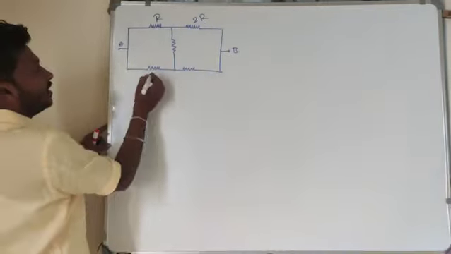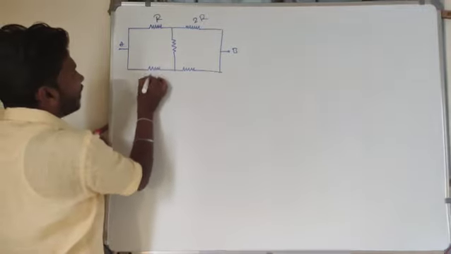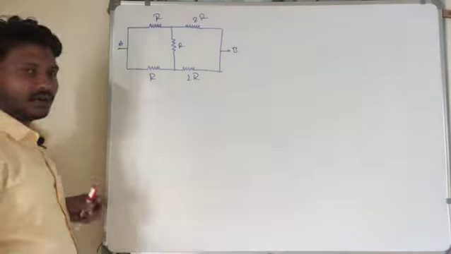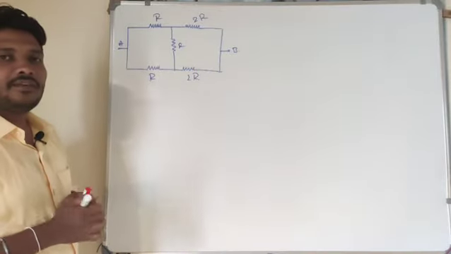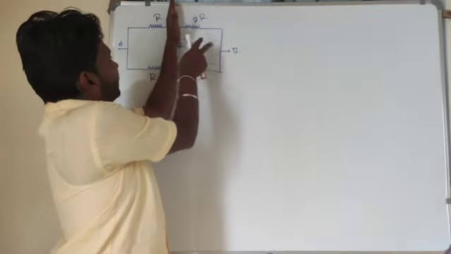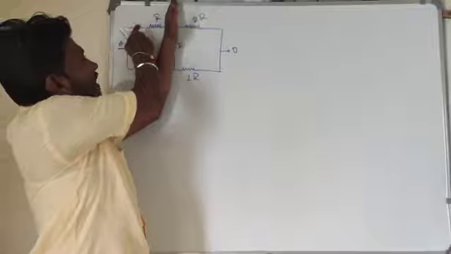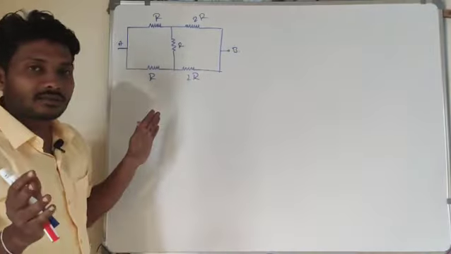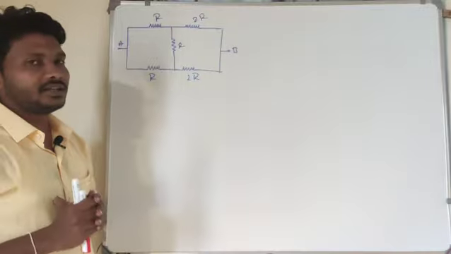Now look at here, if I take mirror symmetry, does it work here? Is there any reflection? No. Here R is there, here 2R is there, here also R is there, here 2R is there. So it is not mirror symmetry here.